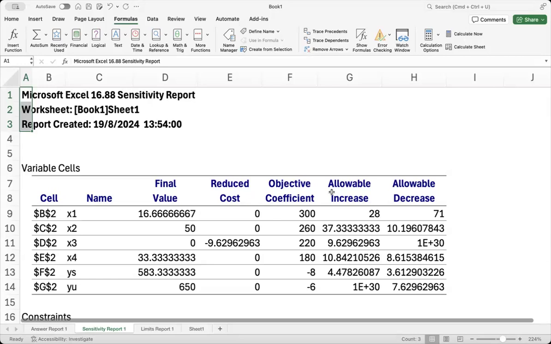So this table tells us what happens if the coefficients here change. Do we have to solve this problem again or not?